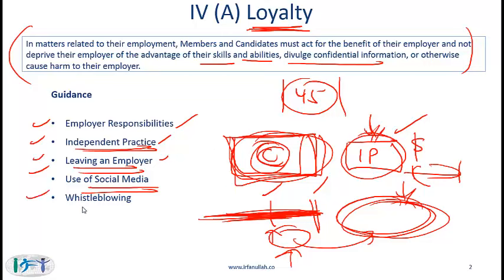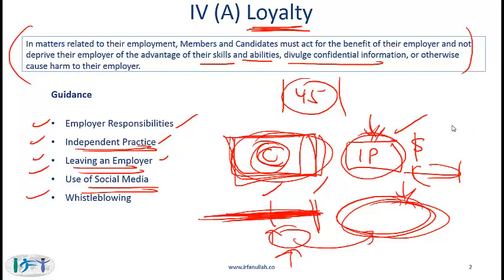Next point related to whistleblowing is also extremely important and testable. If you recall, I talked earlier about the fact that the integrity of capital markets comes first in terms of your loyalties. After integrity of capital markets comes your duty to clients, then comes the duty to your employer.